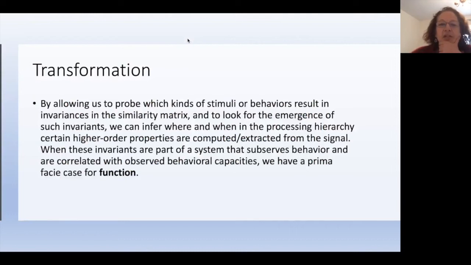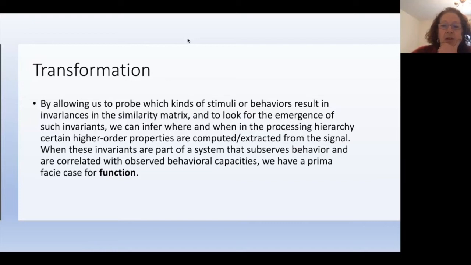That's a way of looking at representation and the relationships between different representations. But in addition, you might be able to make inferences about transformation. If you look at where invariances in the RDM come from and see where in cortical hierarchies these invariances arise, you can make inferences about what is being computed or extracted from the signal at these various stages.